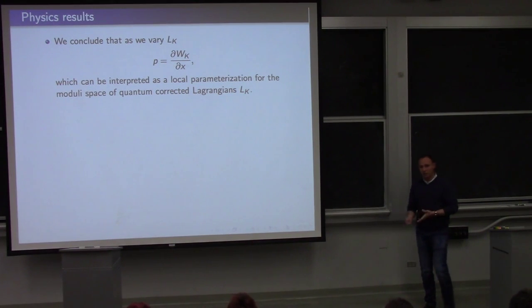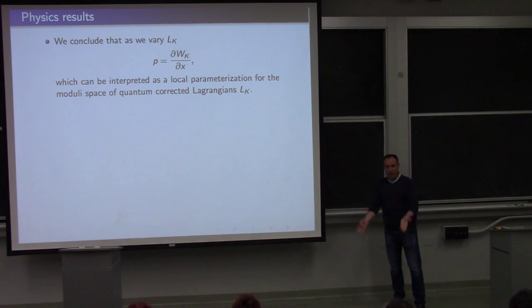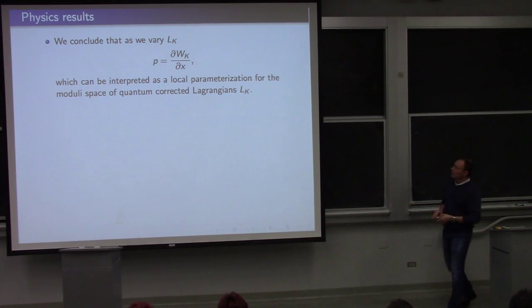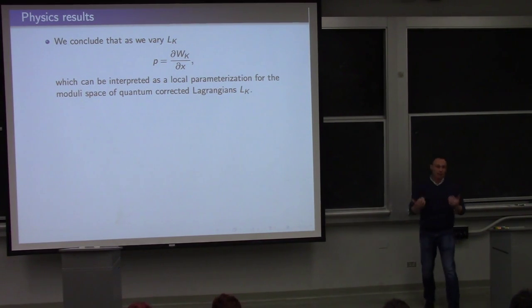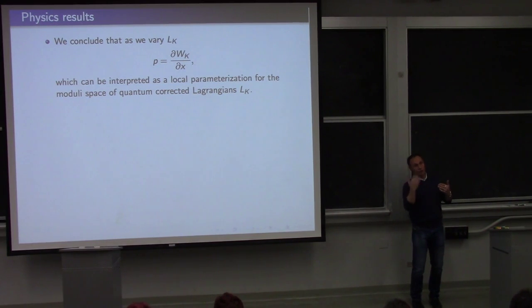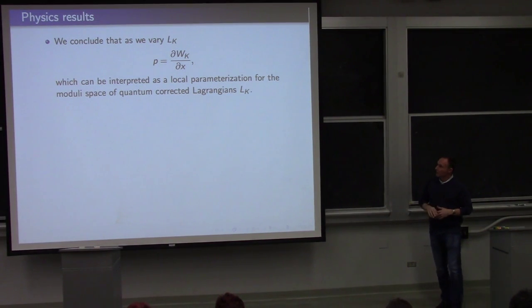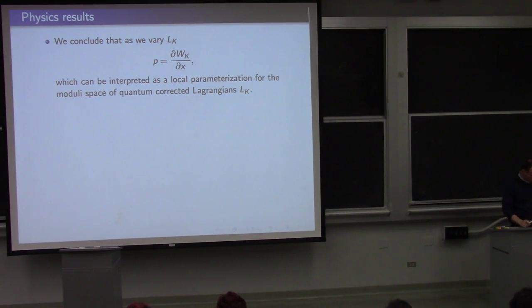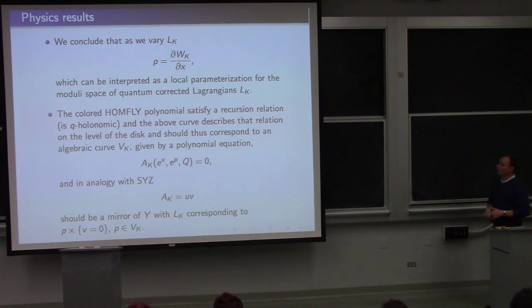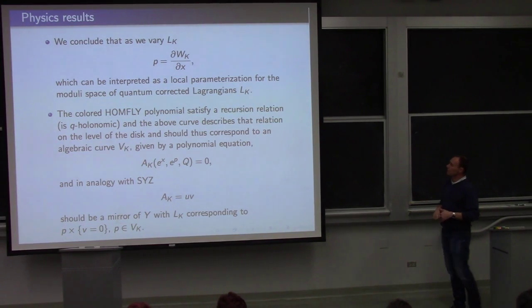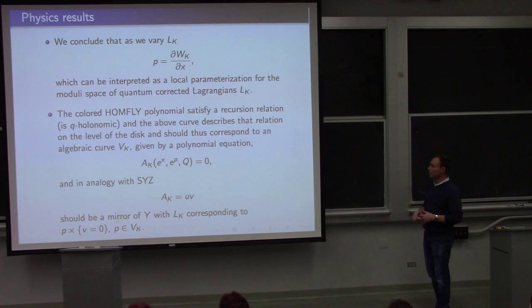And now here's your equation, right? So basically this now parameterizes the corrected Lagrangian. The Lagrangian is shifted with connection, corrected by the disks ending on L_K, and then we can now use the analogy with this SYZ mirror symmetry.